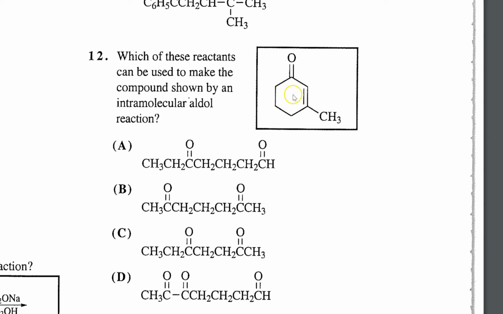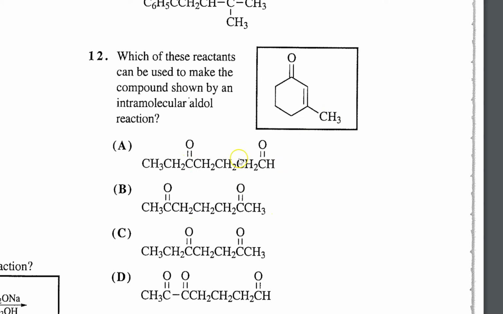So the bond that's being broken is this double bond. If we were to just cleave that, that's where the reaction is taking place. We have our top carbon here, go to the left, go to the bottom, and then we have that. So we have 3 carbons in between our C double bond O's. Let's look at which answer choices have 3 carbons in between.